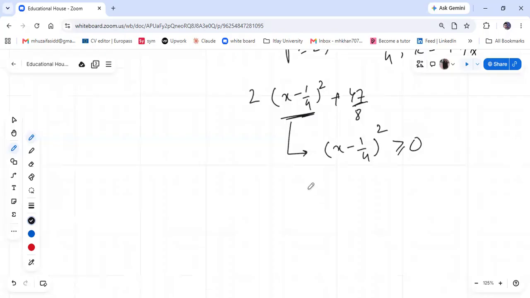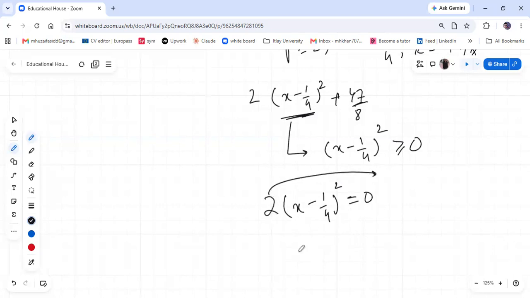So I'm taking this and writing x minus 1 over 4, squared, is equal to 0. When 2 moves to the other side, this is (x minus 1 over 4) squared equal to 0.